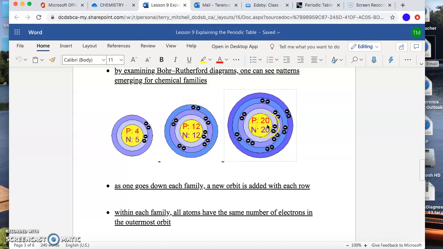And calcium, 20 protons, 20 electrons. 2 in the first, 8 in the second, 8 in the third, and 2 in the fourth orbit. Notice that all these have 2 in the outer orbit. That's what makes it very reactive, that there are 2 electrons in the outer orbit.